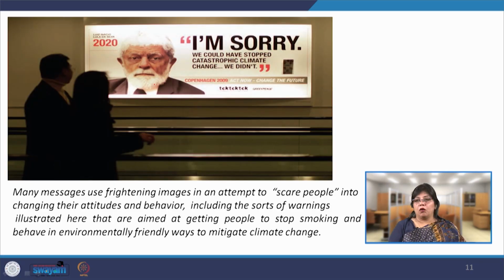This is one way where fear has been evoked in a subtle way in the advertisement: quit smoking and protect the environment. This is a very strong message, and at the same time it is not fear, it is actually an awareness about the consequence of smoking, right.